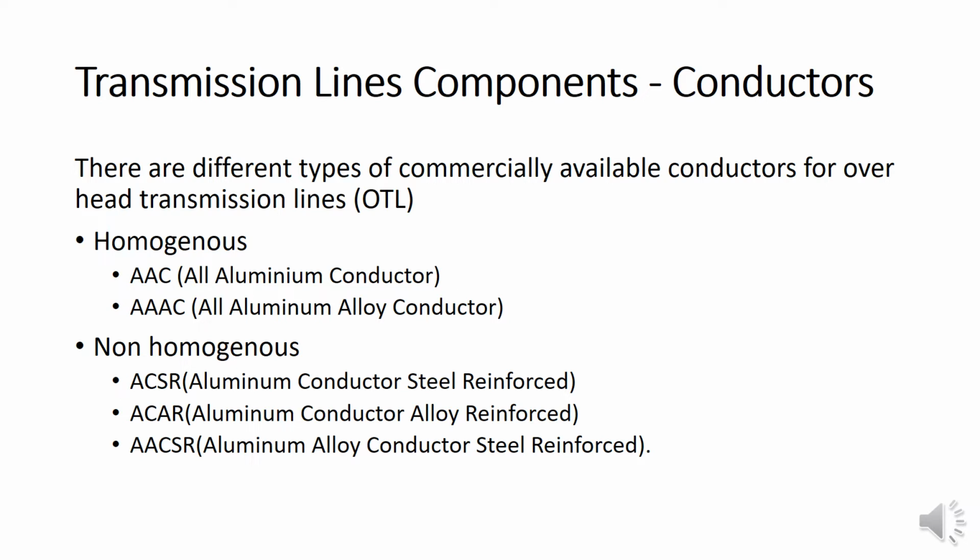So most of the time what we are going to use is aluminum conductor steel reinforced. What we are talking about here with this steel reinforced is how the core of a conductor is made.